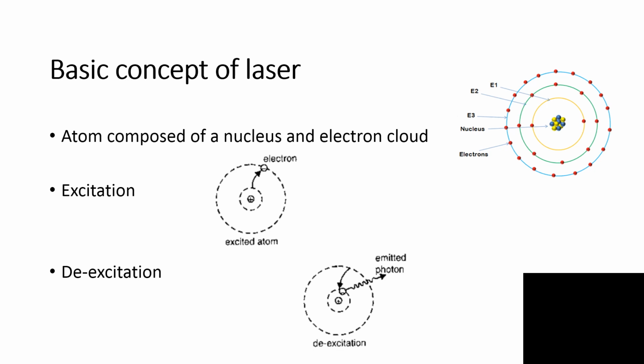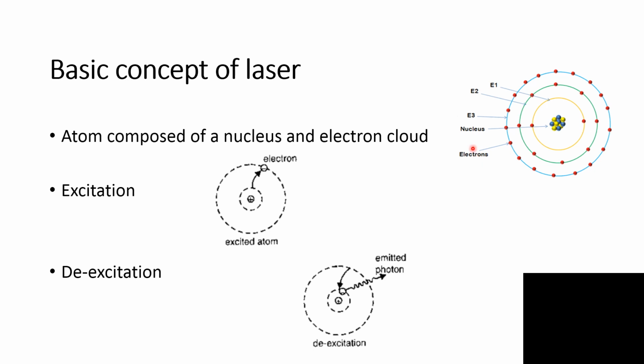Basic concept of laser. For the basic concept of laser, we first have to see the atom and see what kind of phenomena happen within that atom. So what is atom? Atom is composed of nucleus and electron cloud. In this picture, inside is the nucleus and electrons are around it.